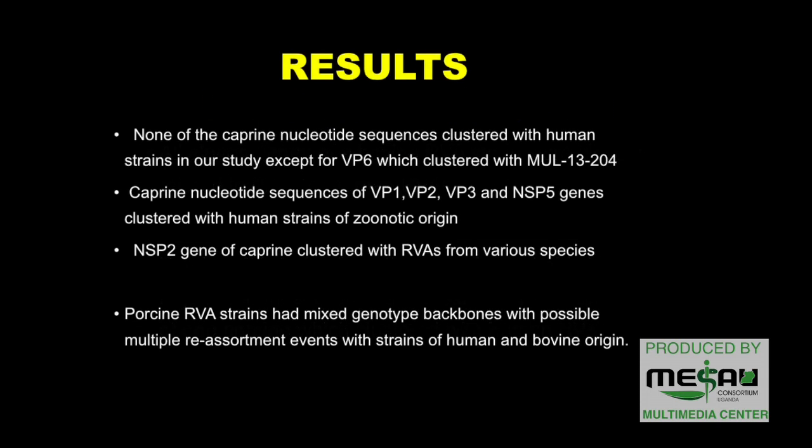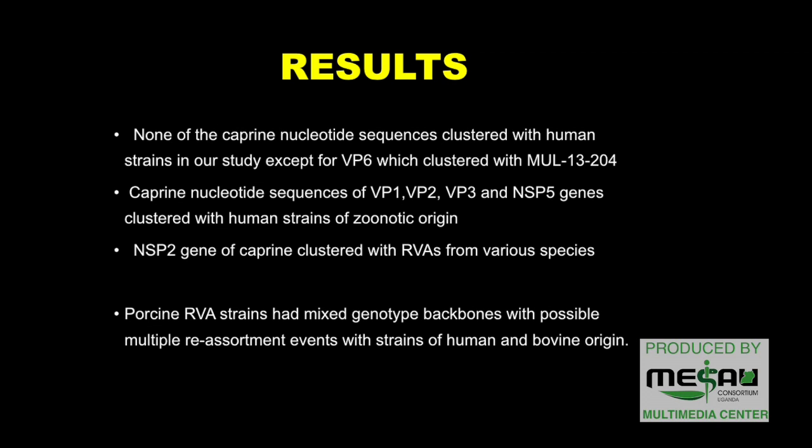For the caprine, that is the goat, the caprine strains did not cluster at all with our human strains, except for VP6, where it clustered with one of our strains from Molabo.